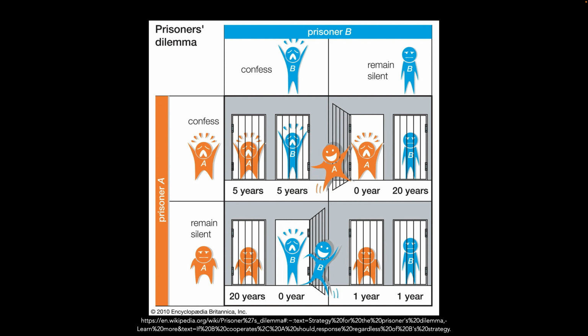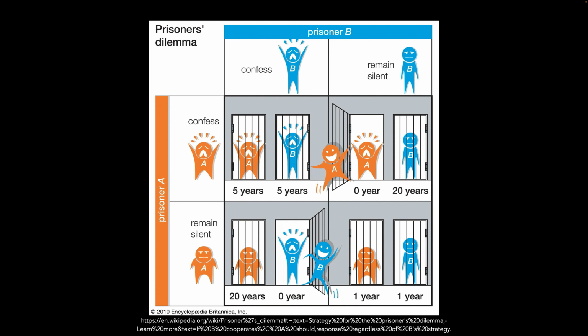So imagine there are two prisoners, A and B. The idea is that when both of them confess their crime, they get 5 years each in jail. If prisoner A confesses and prisoner B stays silent, prisoner B gets 20 years, so he backfires by remaining silent because he wasn't being truthful.